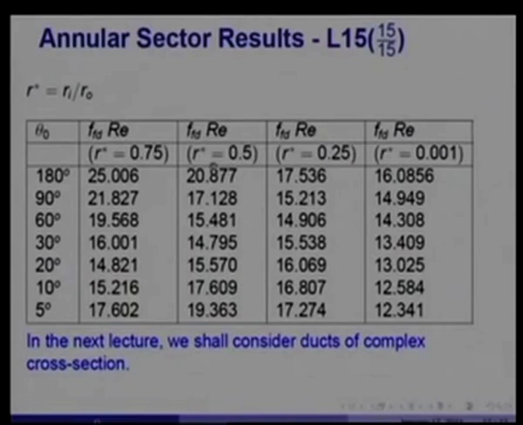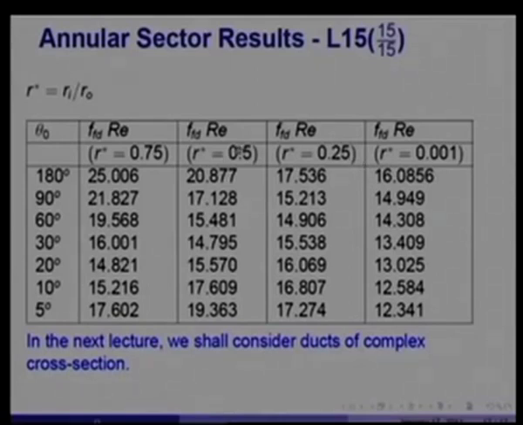Here at r star equal to 0.5, it goes down to 9, goes down and then increases to 19. This is 0.25, and this of course would correspond to r star equal to 0, again for a semicircular duct, 16 down to 12. There is a very monotonic decline.